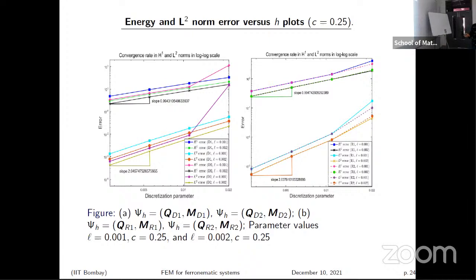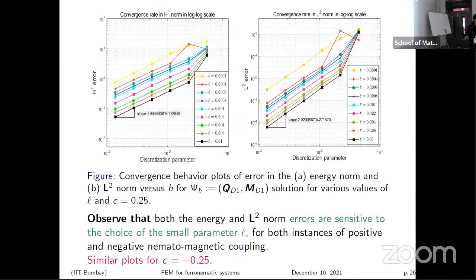It might be interesting to see if you have a uniform bound independent of L, and then maybe it might be possible to show that your numerical solution indeed converges to a numerical scheme approximating this Q naught and M naught. That may be possible for a particular set of examples.